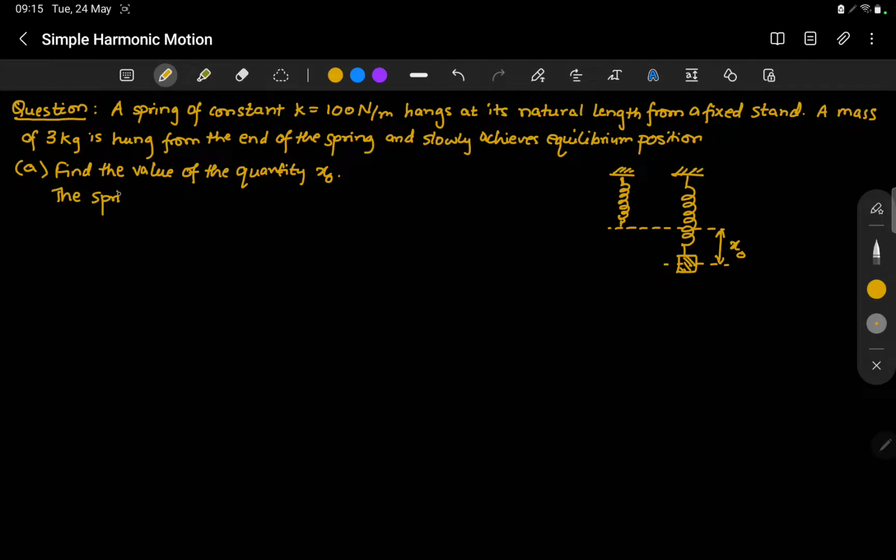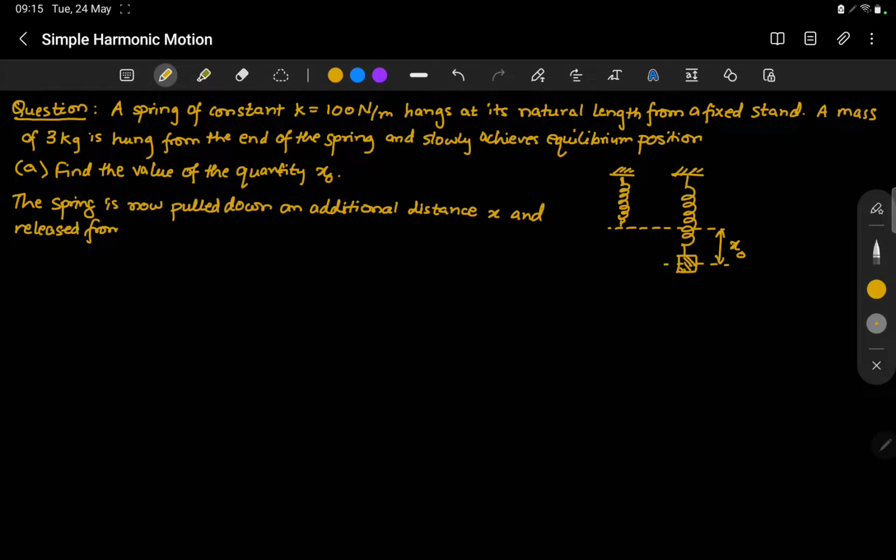The spring is now pulled down an additional distance x and released from rest.